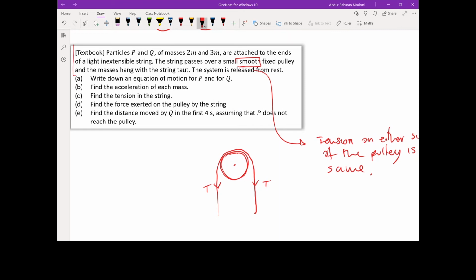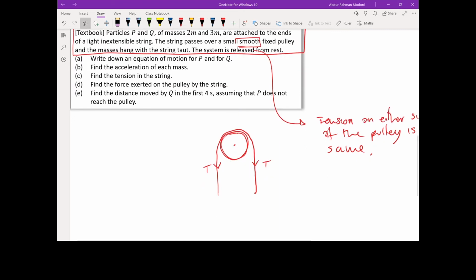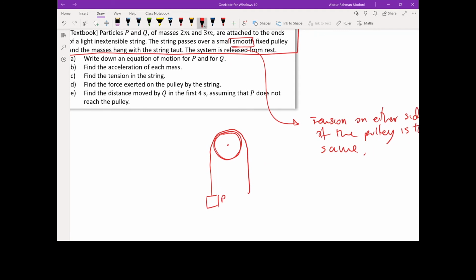Before we go into the question, I need to represent all of that information in a diagram. I'm going to get rid of these tensions and draw them in later. First thing I'm going to do is just draw my pulley with the string passing over it. I'm going to draw a particle, represented using a box, and call that particle P, as they said.